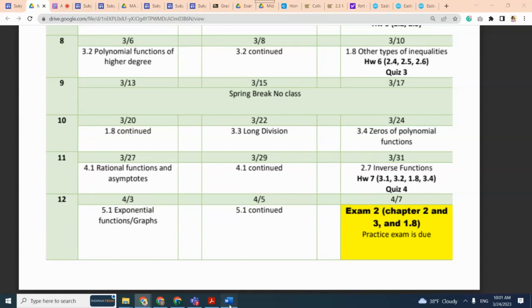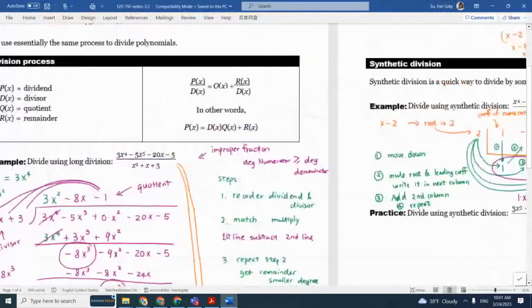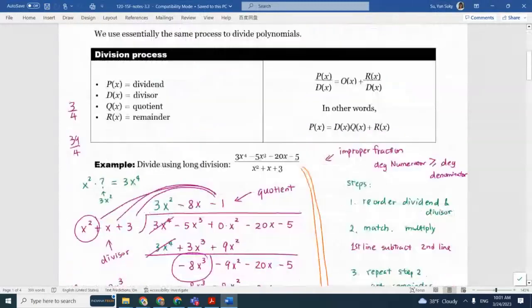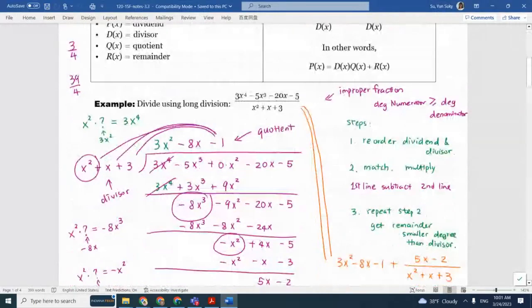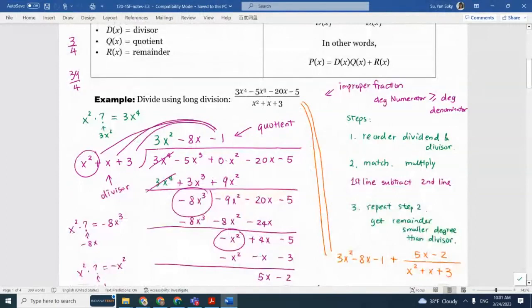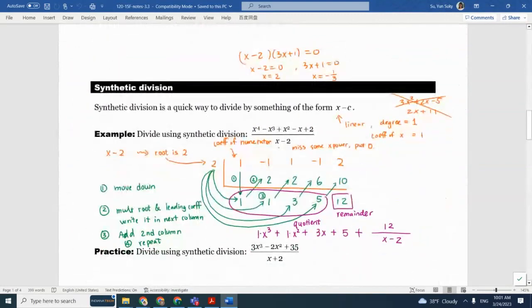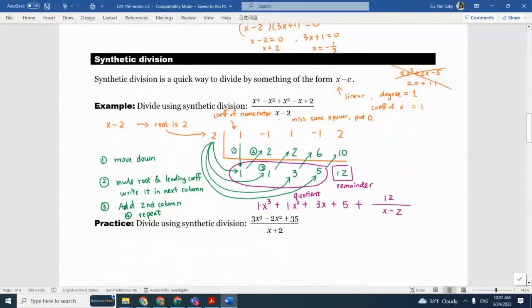All right. So last time we talked about division of polynomials, right? So we learned two methods. The first one is long division. Long division works for all types of polynomial divisors, so your divisor could be any degree. And then we also talked about a shorter way, which is synthetic division.